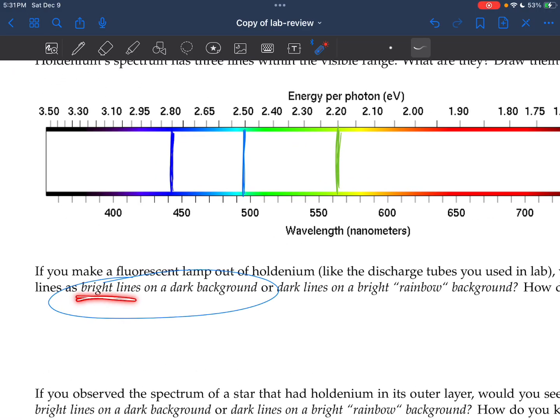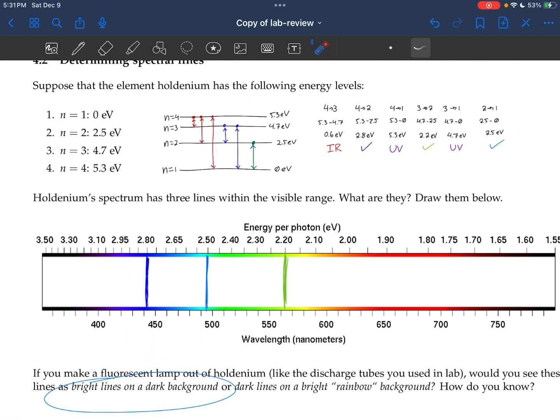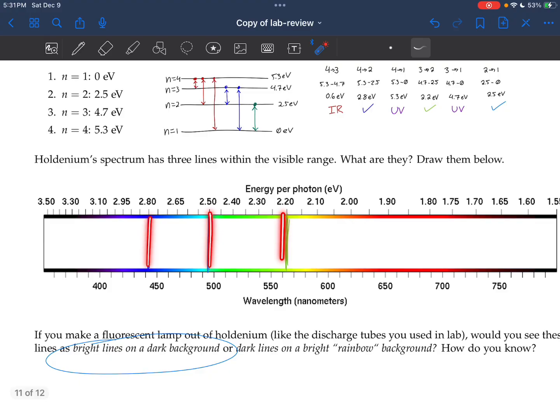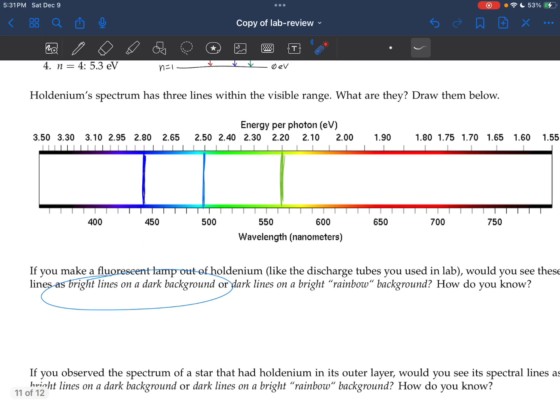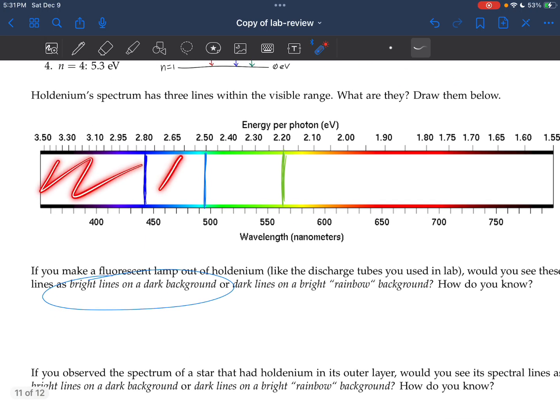So I have these bright lines because Holdenium can emit that light. So that light has a source. We found where it's coming from. These 3 bright lines are coming from the Holdenium because it can emit only those wavelengths of light. And the rest is going to be dark because there's nothing else producing light.